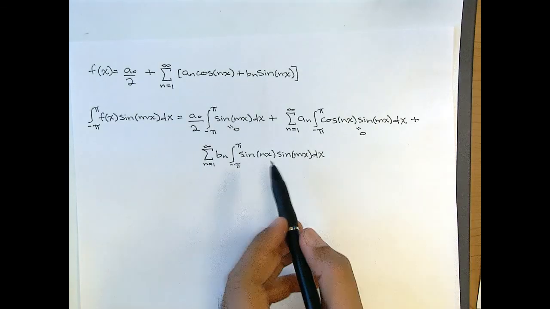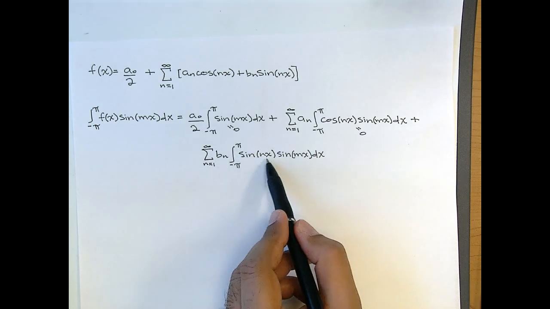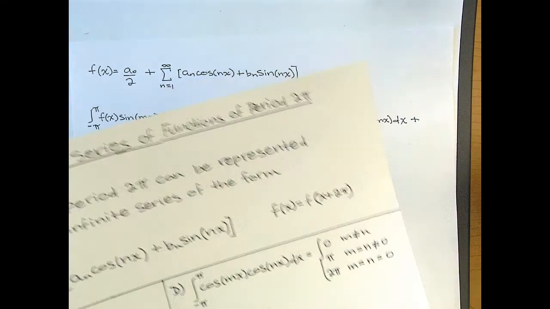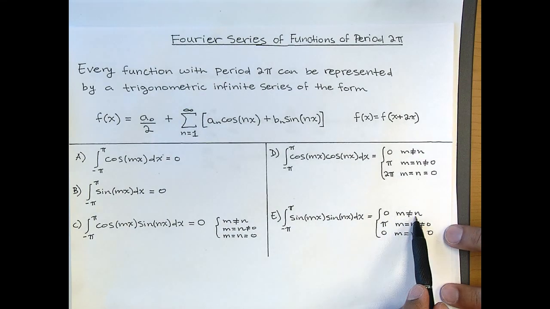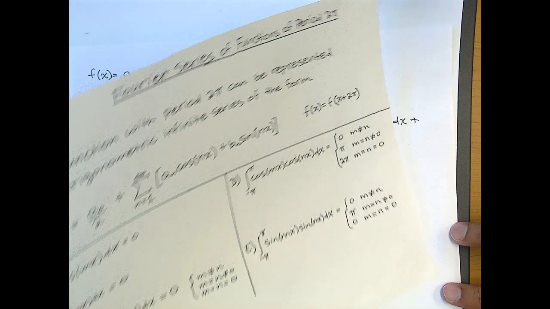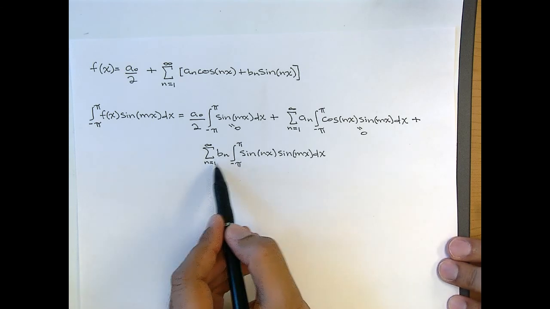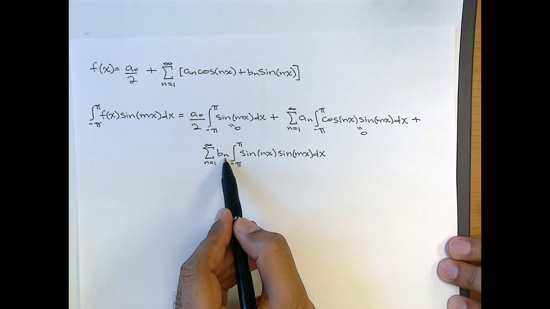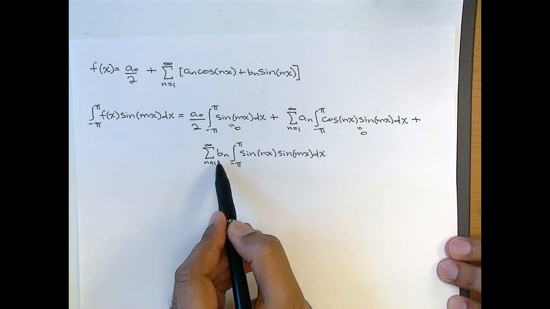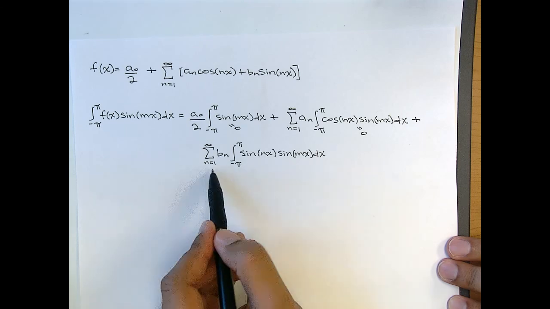And the integral from negative pi to pi of sine of nx sine of mx dx is 0 for m not equal to n, and it's pi for m equals n not equal to 0, and it's 0 for m equals n equals 0. So once again, in this summation, the only term that will remain is the term where n is equal to m, because when n is not equal to m, this integral is 0, so all the other terms in the summation will go to 0.